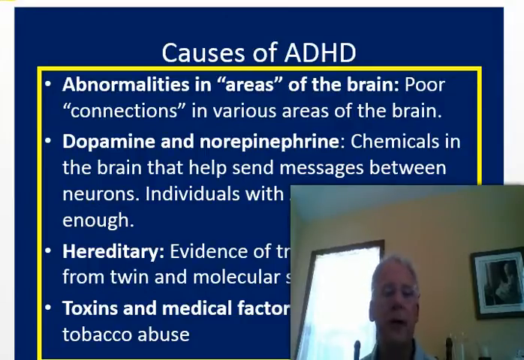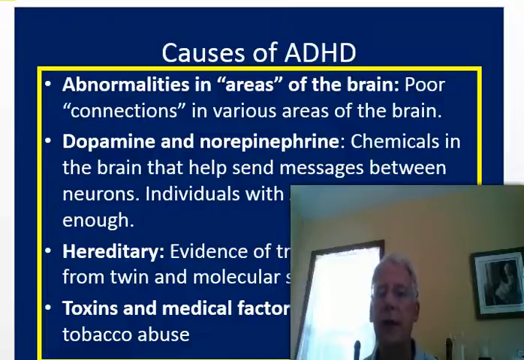Now on slide 40, causes of ADHD. Basically what it comes down to is that there are connections in the brain that are poor or inadequate, or those connections aren't working well. They involve chemicals, dopamine and norepinephrine, chemicals in the brain that help send messages between neurons.